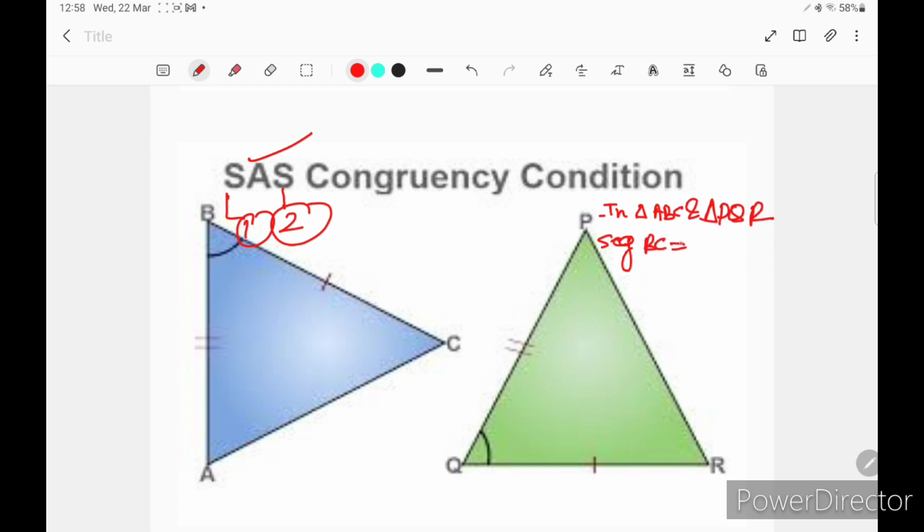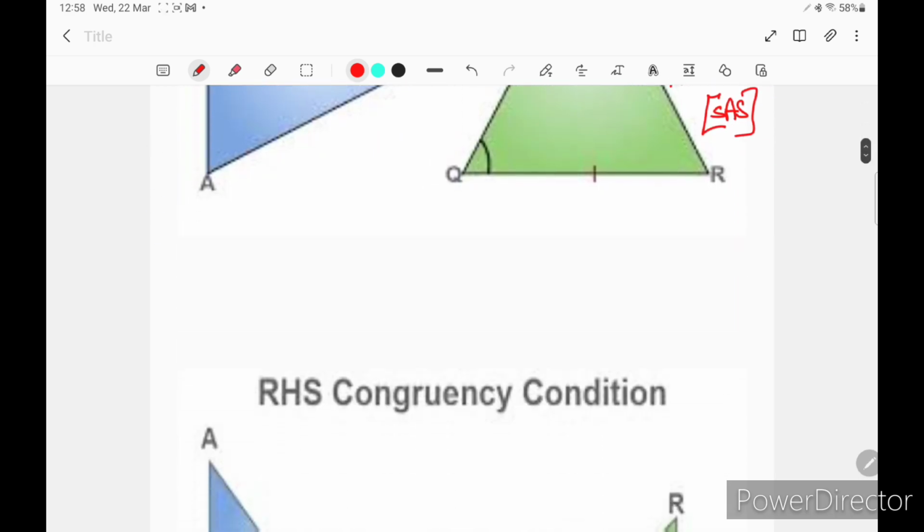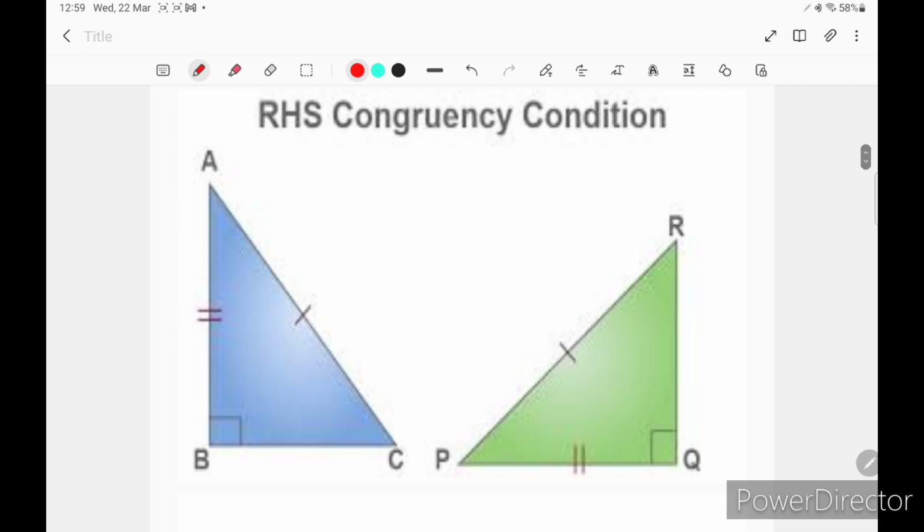Segment BC is congruent to segment RQ, segment AB is congruent to segment PQ, and angle B is equal to angle Q. So triangle ABC is congruent to triangle PQR by SAS criteria. I hope you understand. Our next question is, prove the triangles are congruent, but you have to write by which criteria.